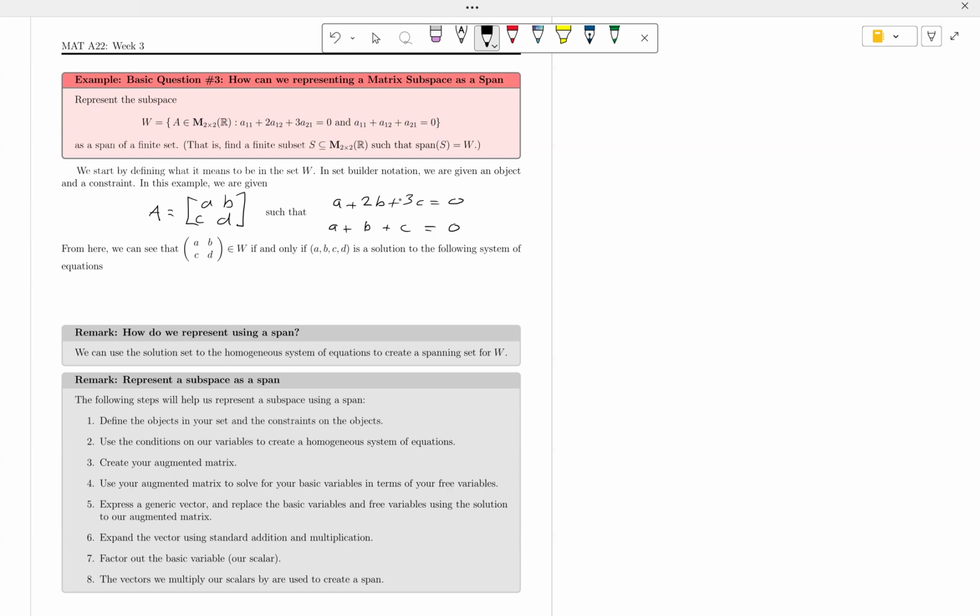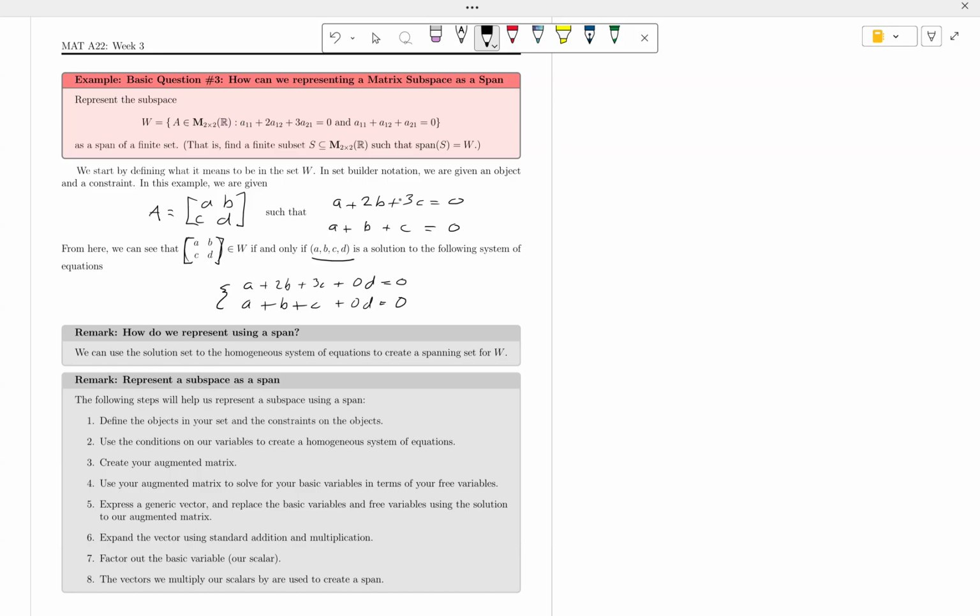From here, we can see that the matrix (A, B, C, D) is in W if and only if the vector (A, B, C, D) is a solution to the system of equations A plus 2B plus 3C plus 0D equals 0, and A plus B plus C plus 0D equals 0.